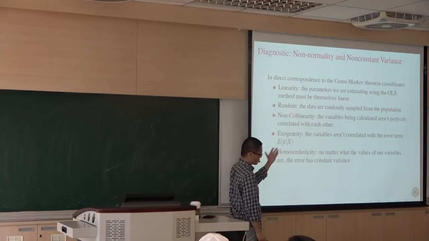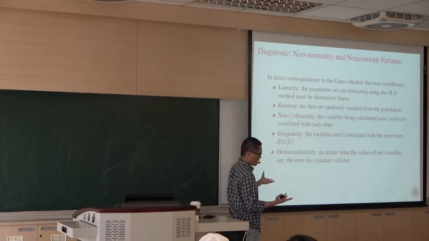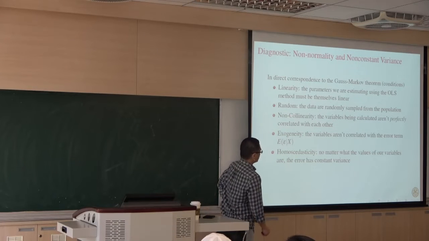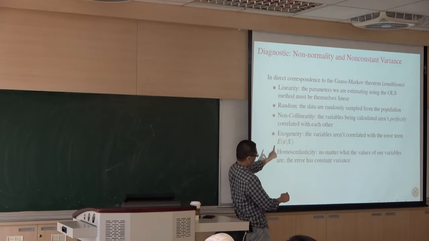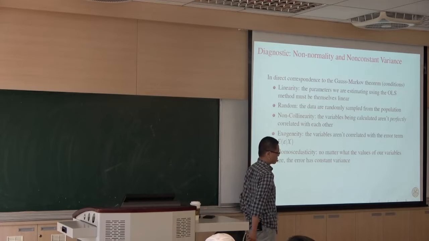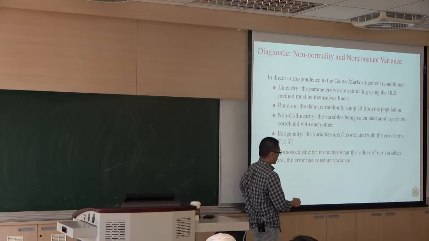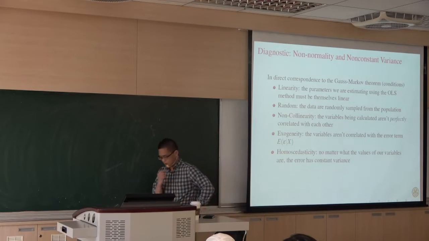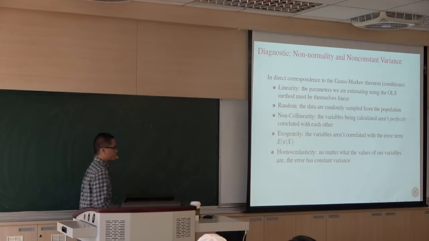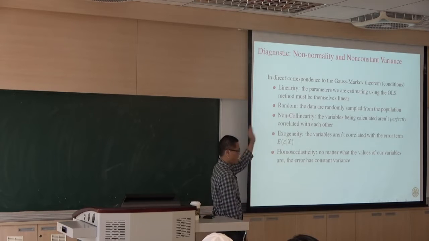Meaning that your explanatory variable should explain major variation in the outcome variable, but it should also have zero conditional mean on the error. And the last one is kind of associated with this one: no matter what value your explanatory variable takes, the error has constant variance, because errors are allowed to fluctuate, but their distribution should be normally distributed and follow the same pattern for each and every observation across the entire sample.